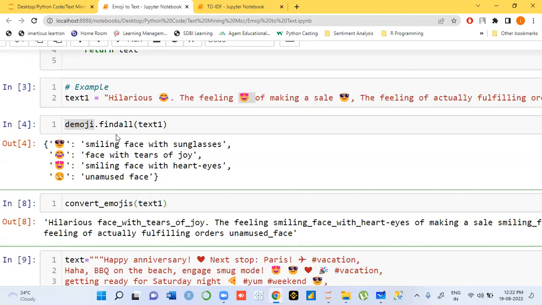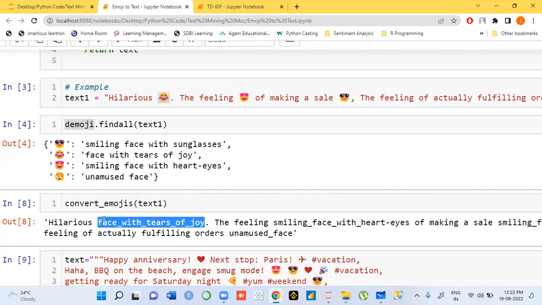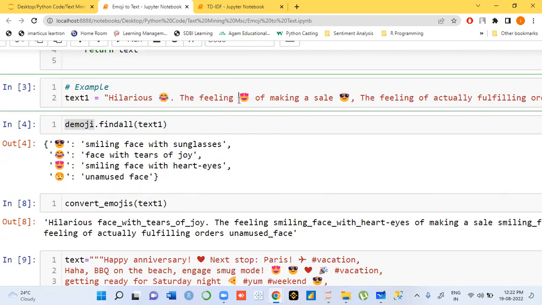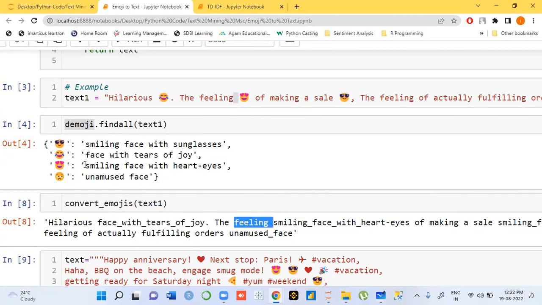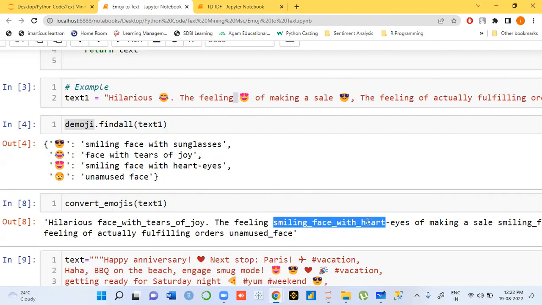Okay. Now guys, after converting, if you can see, after hilarious we have this symbol, blue color, face with tears of joy. Are we getting the same name? At that place. After feeling, we have a symbol, smiling face with heart eyes, coming the same way.